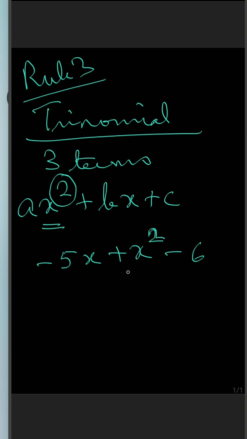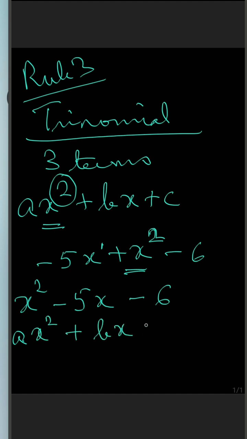That means we have to put the highest power first, then take the next lowest power, which is 5x, and then take the constant term. So this equation will be converted into the form ax square plus bx plus c, and then we solve it to get the factors of the given equation.